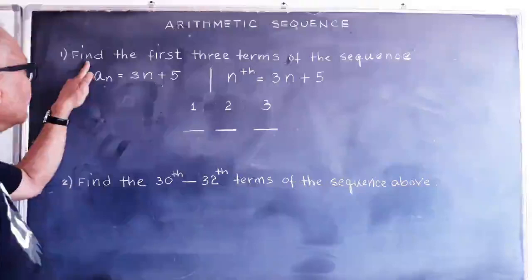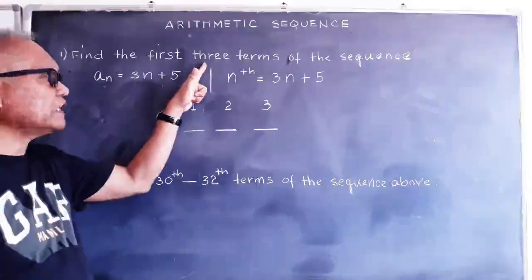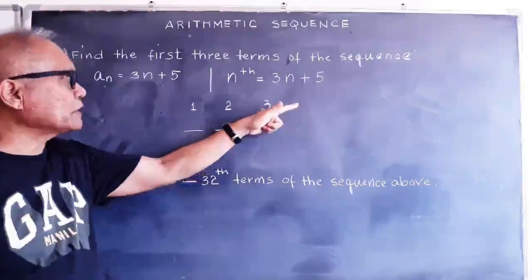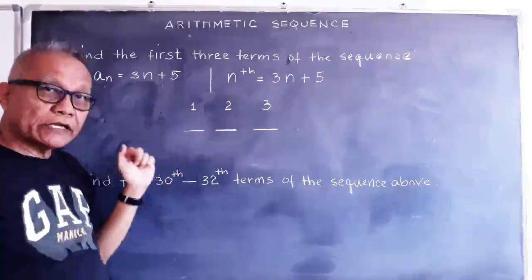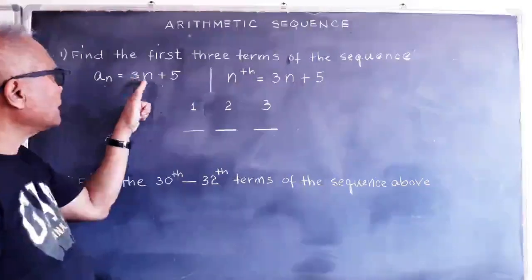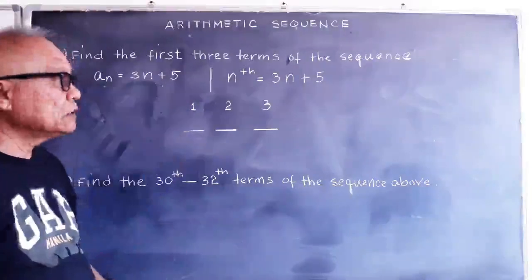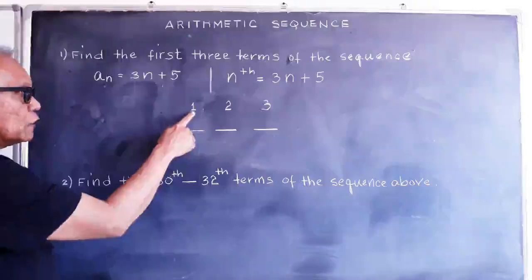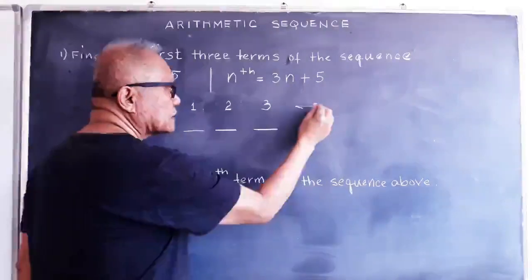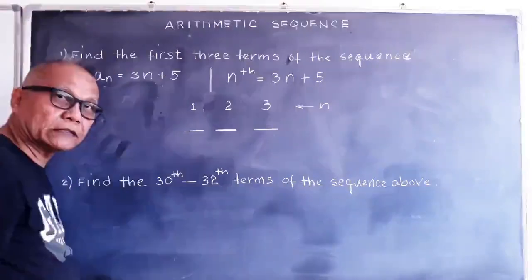So, find the first 3 terms of our sequence in which the formula or equation for the last term is 3n plus 5. I'm going to put here 1, 2, and 3. This is our n.